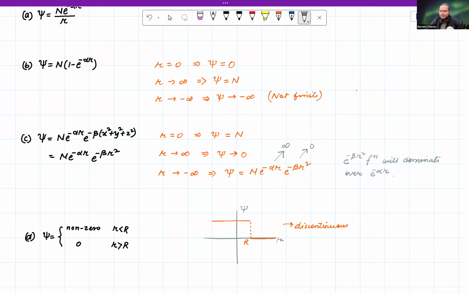Because of r square, right? As r goes towards negative infinity, this term will become a very large number and this term will become a very small number, but it will become so small because of the r square term present in the power that the product itself is going to go to zero. Okay, the product of these two terms is going to go to zero.